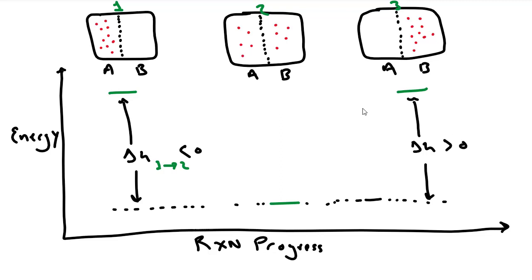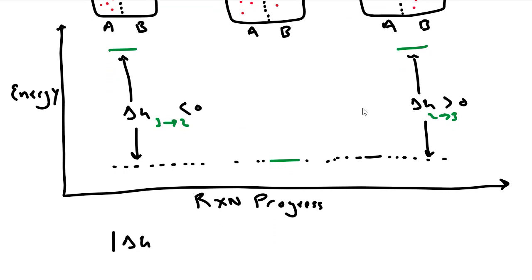But we know that the absolute value of the two delta G's are equivalent to each other. Delta G 1 to 2, its absolute value will equal the absolute value of delta G 2 to 3. Meaning that the number is the same, the sign is different. In the case of delta G 2 to 3, it will be a positive number. In the case of delta G 1 to 2, it will be a negative number.